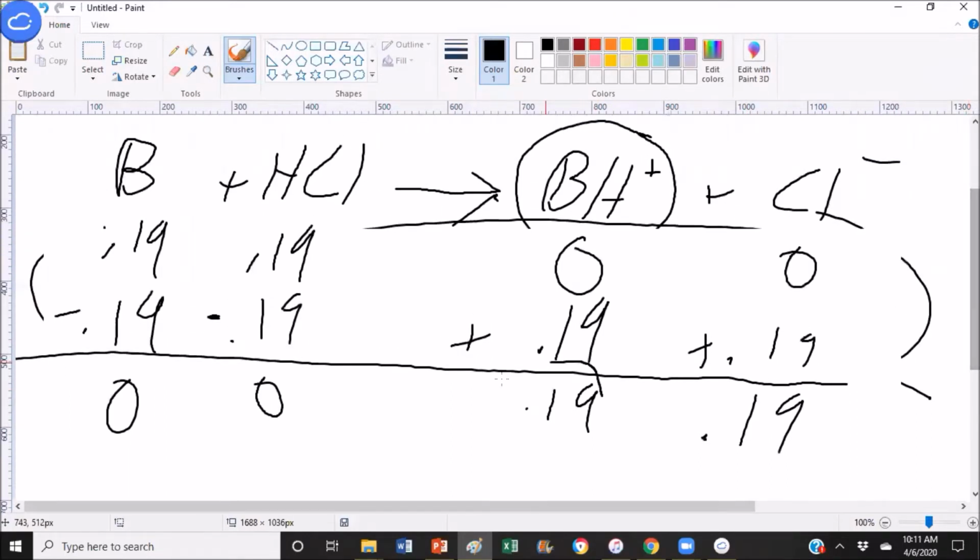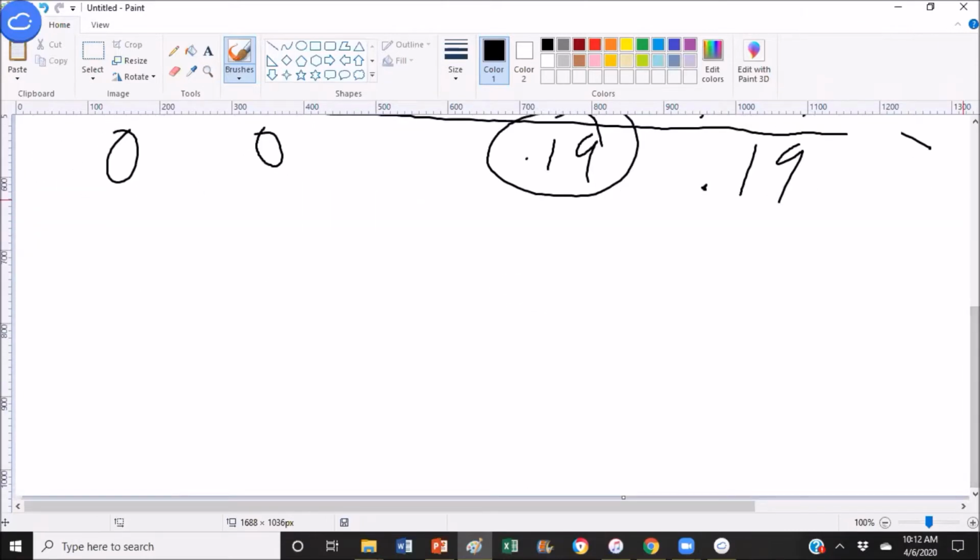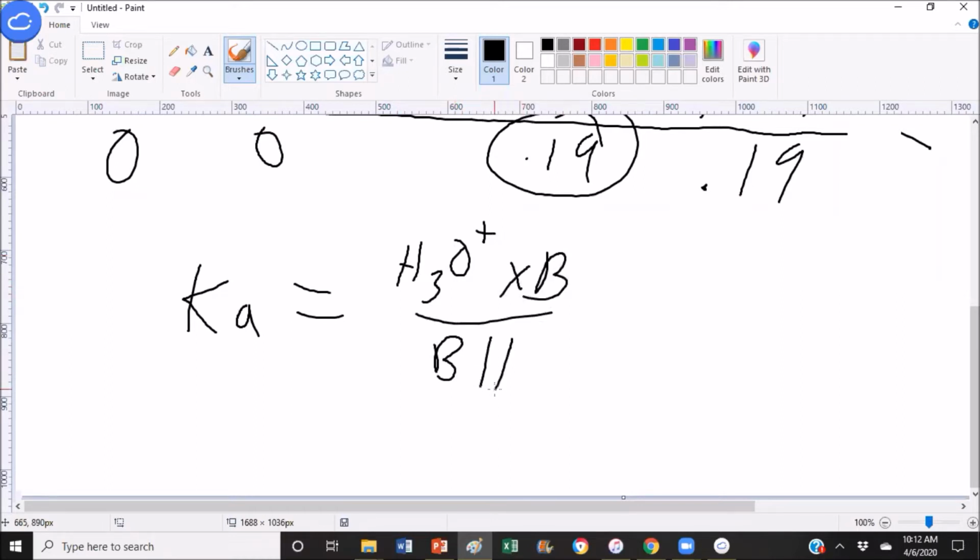So this is the amount of acid we would have, and we have to calculate the pH of a weak acid. How would we calculate the pH of a weak acid? We would set up the Ka expression. Ka equals hydronium times base over protonated base, which is going to be x squared over 0.19. The only thing we have to do is calculate our Ka.